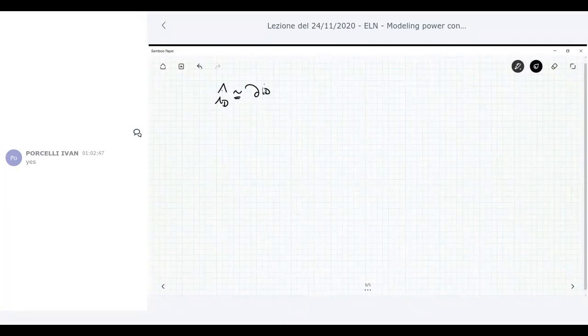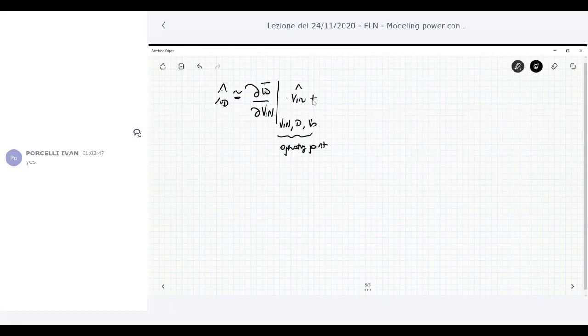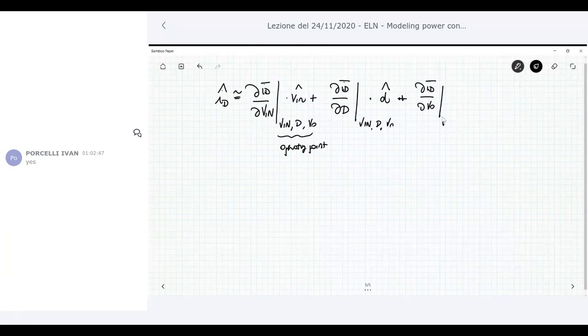So the partial derivative of ID versus the first variable, V in, computed at V in, the duty cycle, and V naught, the DC operating point quantities, multiplied by the V in small signal variation, plus the partial derivative of the ID average value over the duty cycle, again computed at the operating point, multiplied by d hat, plus the partial derivative of the average quantity over V naught, again computed at the DC operating point, multiplied by V naught hat.